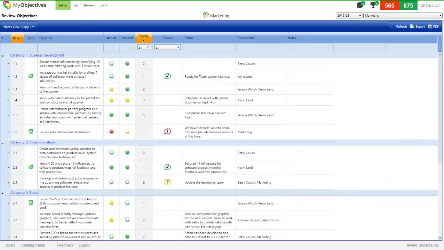So between the simplicity of MyObjectives, the support of the Wizard, Training Camp, and the Consulting Guild, we're able to provide you with a smooth transition from your existing management practices and dashboards to the new world of business gamification and employee engagement, retention, and customer satisfaction.